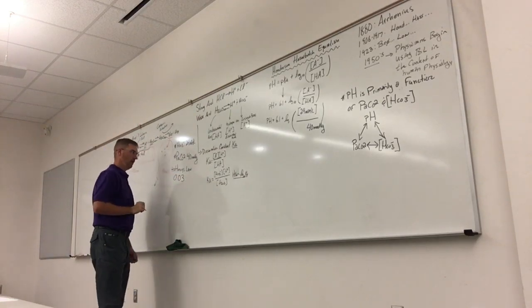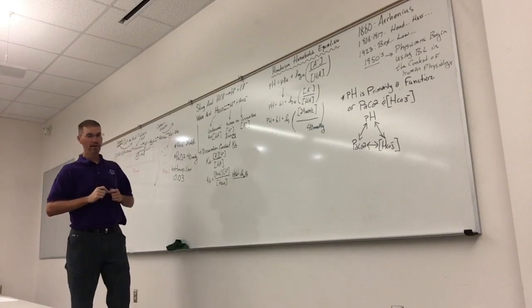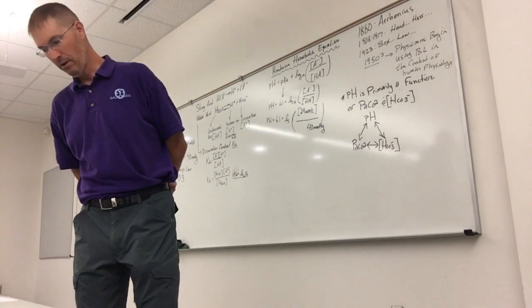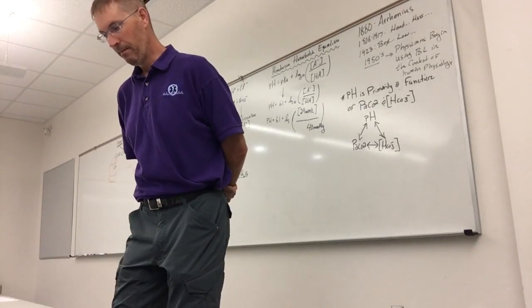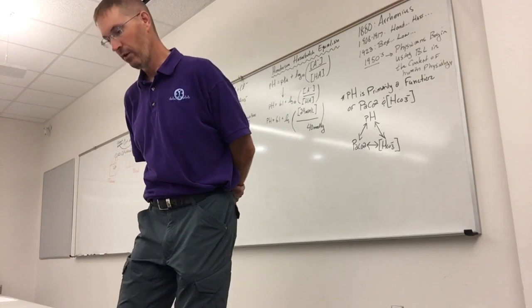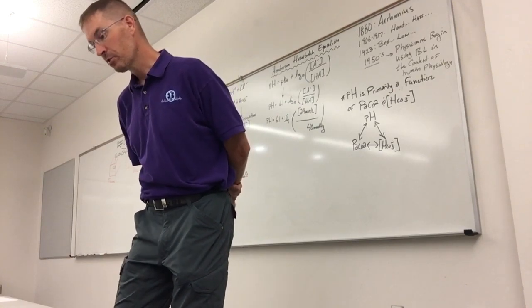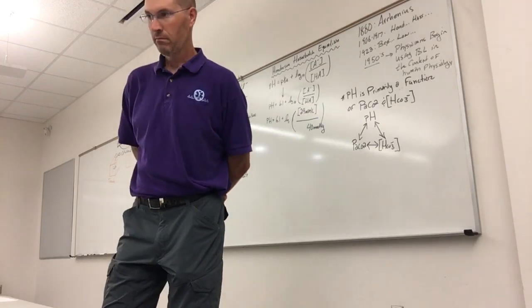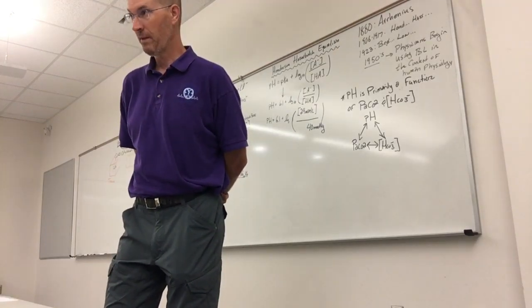0.03. All right? So for every millimeter of mercury of CO2, I get 0.03 milliosmoles per liter of CO2 dissolved. Does that make sense?